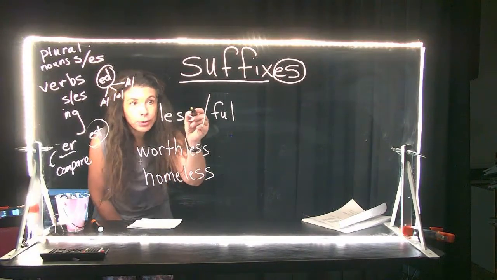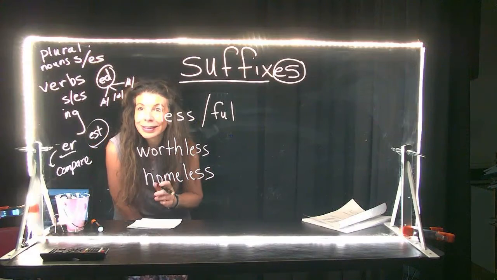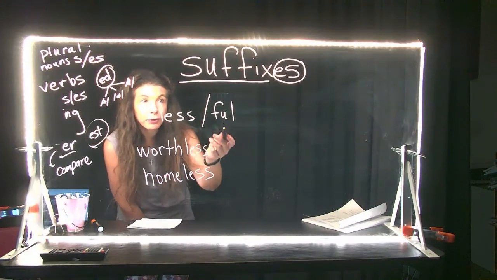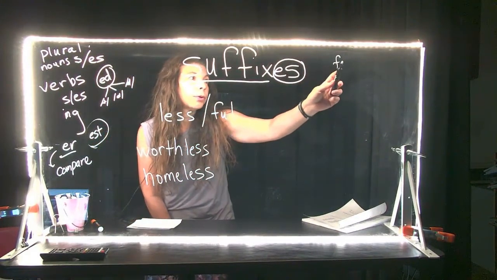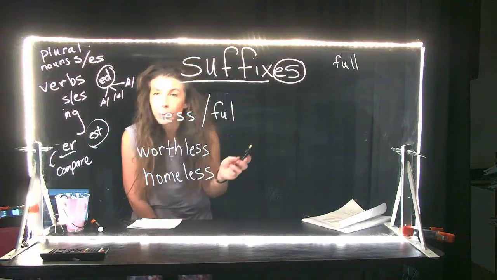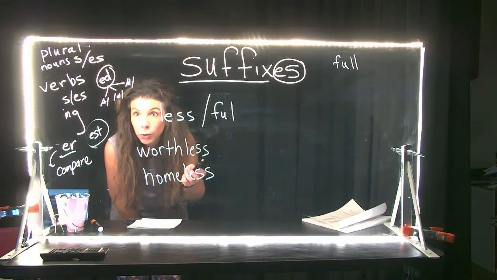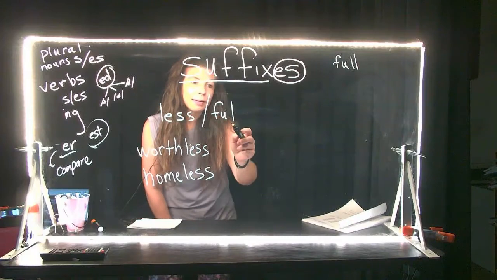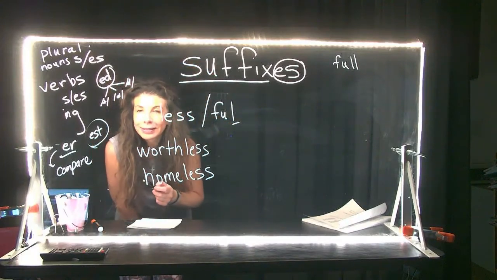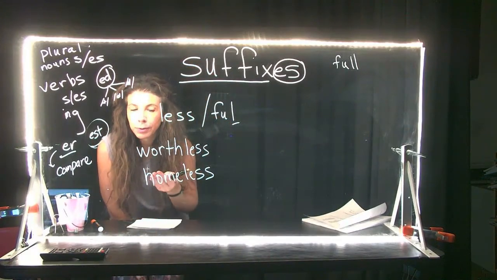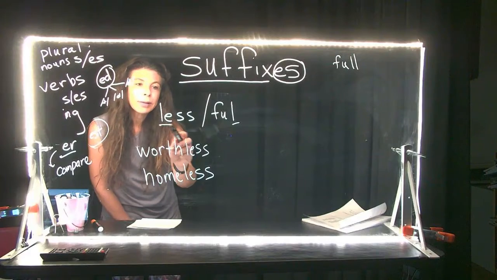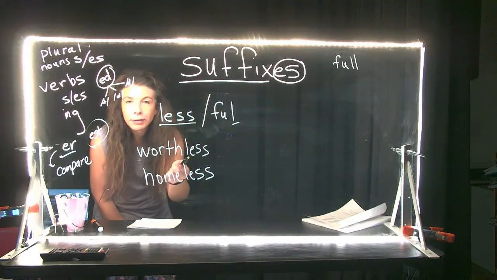Now, you keep both of the S's in the suffix less. When you spell the suffix full, you put 1 L. I always tell my kids a way to remember that: the suffix full is so full, it can only fit 1 L. And the suffix less is without, so it can fit both S's. So less means without. Worthless, having no worth.